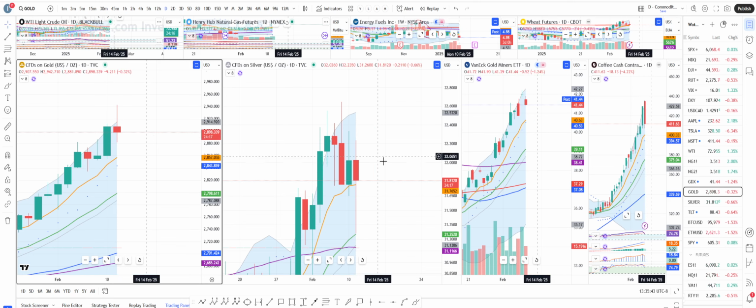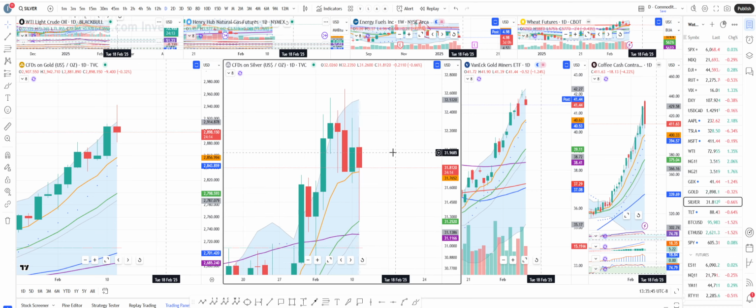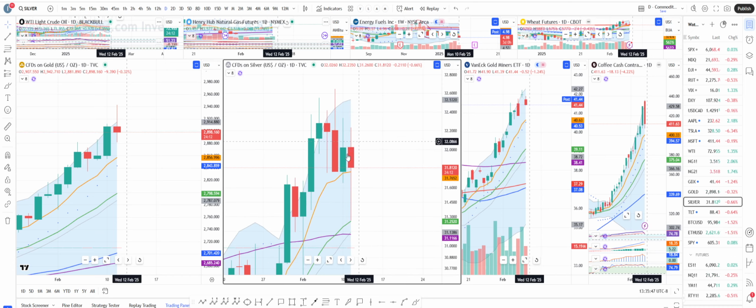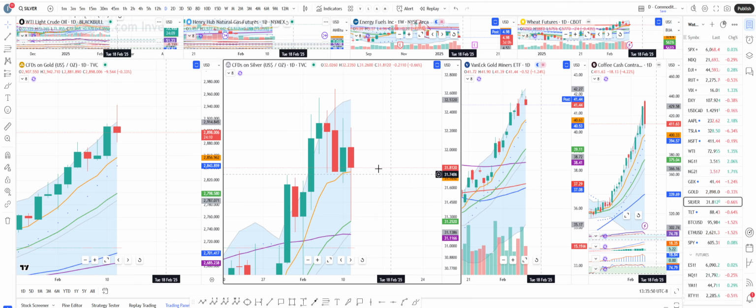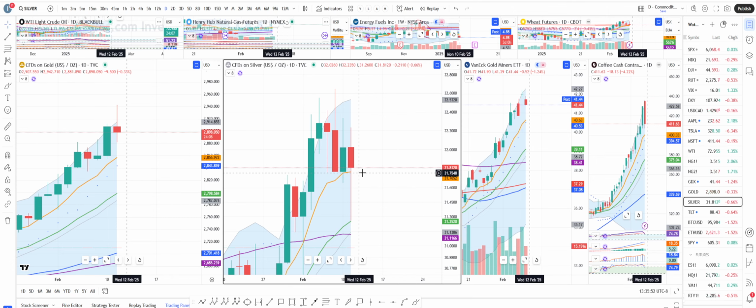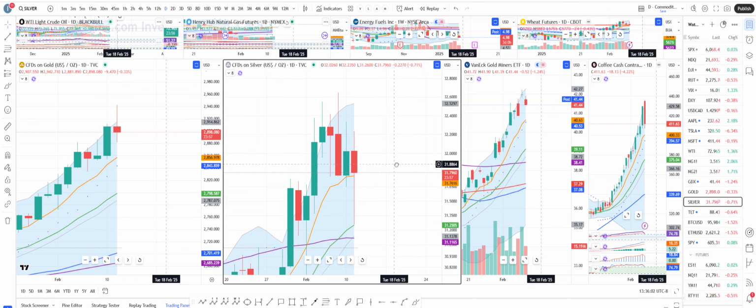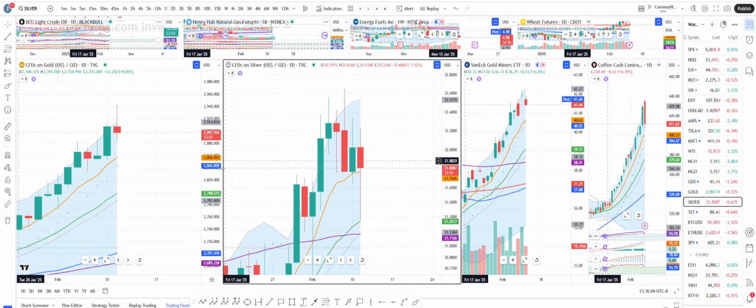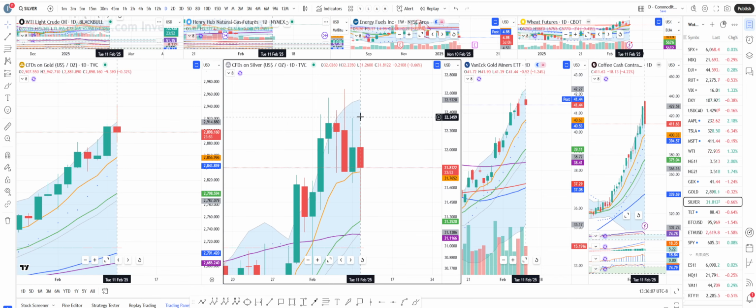The most concerning development right now is in silver. And if in 24 minutes silver closes below the green candle, that would be below the body of the green candle, it could be a fairly significant signal. All right, so that's a quick look at the commodities.